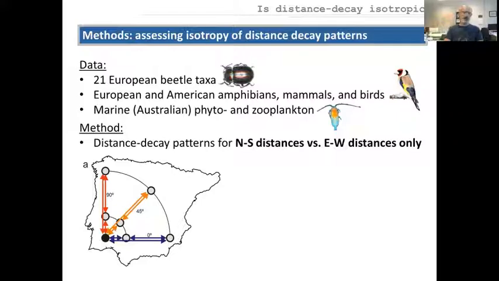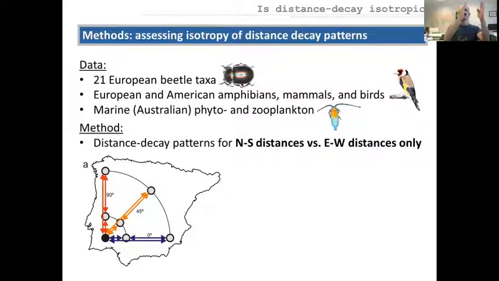We did that with European and American vertebrates, amphibians, mammals, and birds, and with marine phyto and zooplankton from Australian seas. And the method is very simple. We differentiate distance decay patterns for north-south distances against east-west distances.